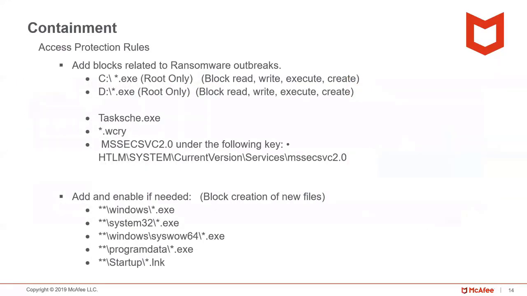Overall, some simple blocks that you may want to consider from an incident response side, and these are things that we put into play during an incident, is do you really need to have executables running at the root or the open share on C or D? We will put in recommendations to block applications and programs from running in the open shares to the extent possible, but we routinely see companies that are like, well, our tech support wants to drop them there because it's a share and they have access to it.